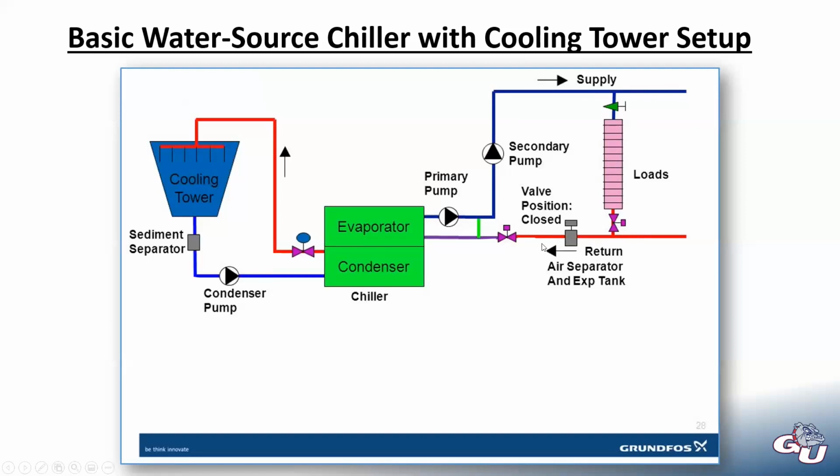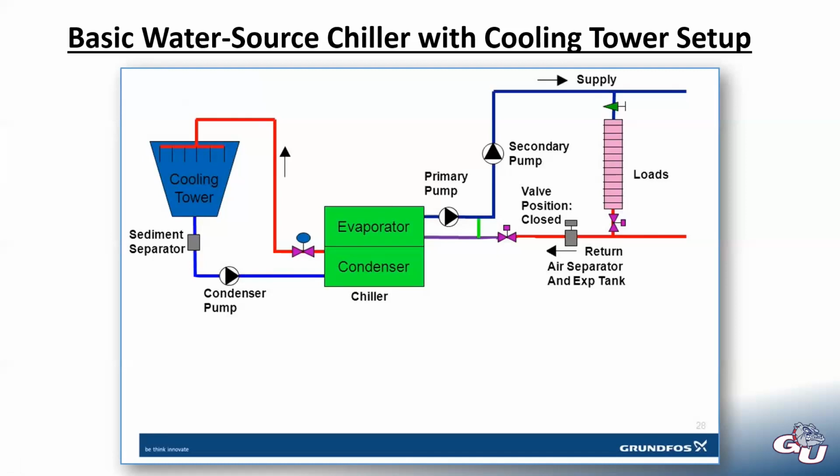Coming back to the return side, just imagine a bunch of other coils out in the system. The return side comes into the chiller, where the chiller rejects heat from the chilled water side to the condenser side, where it goes through the cooling tower, cools it down, comes back. This is the basic water source chiller setup that we've already talked about.